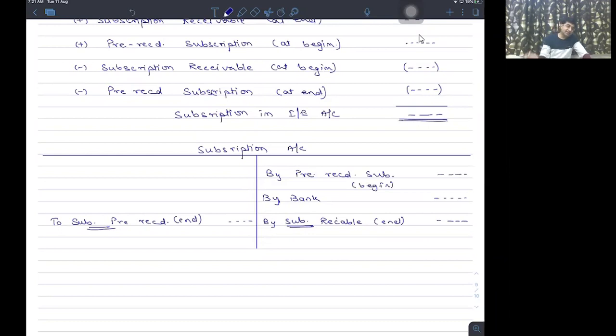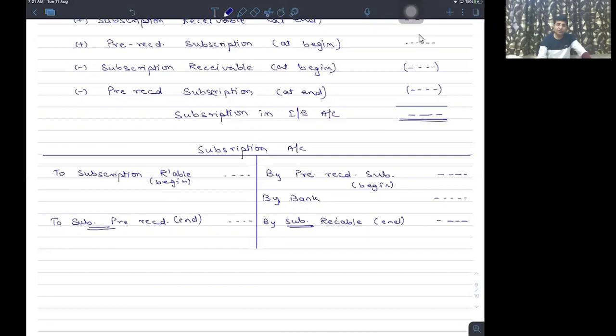And whatever was receivable at the end of the previous year cannot be treated as income of current year. Therefore, it will be debited to current year subscription. To subscription receivable at beginning, whatever is the amount related to that.